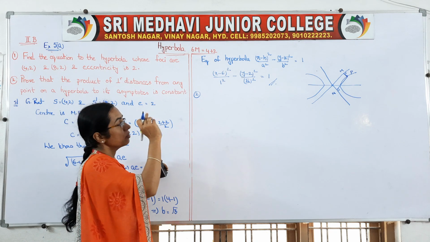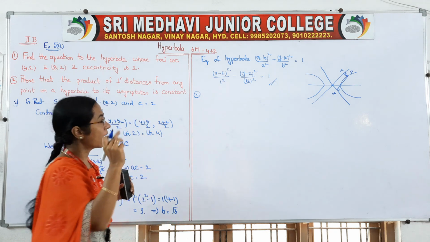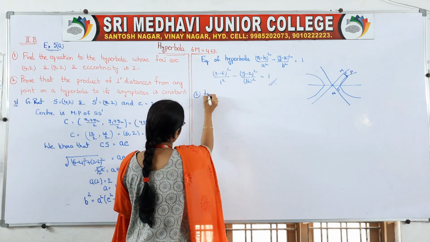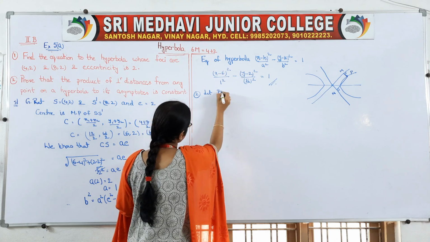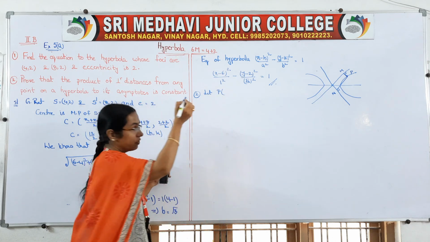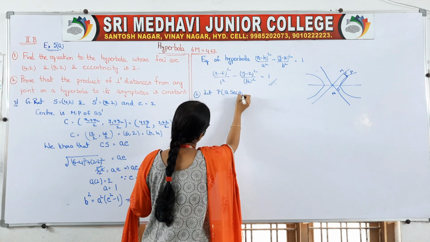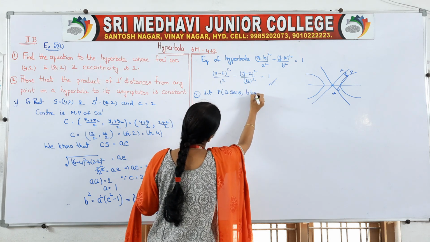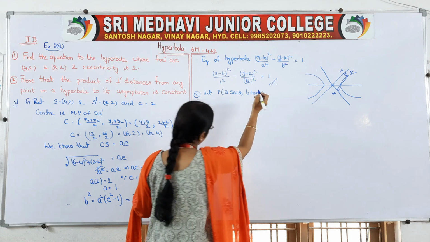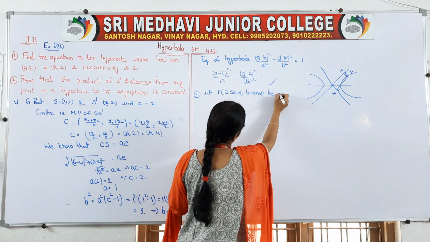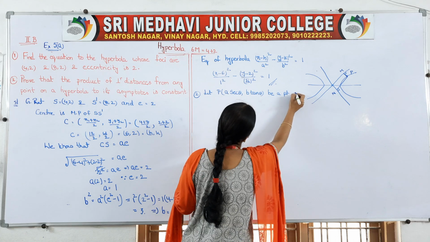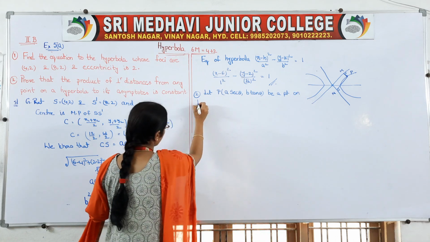Okay, so now you take one point on the hyperbola. We will take that point as a parametric point, that is a secant theta, b tan theta, be a point on the hyperbola.